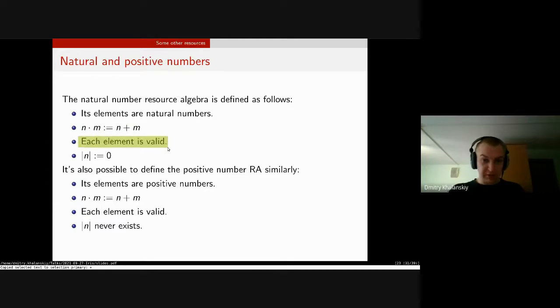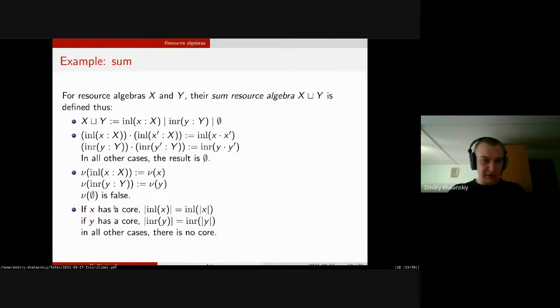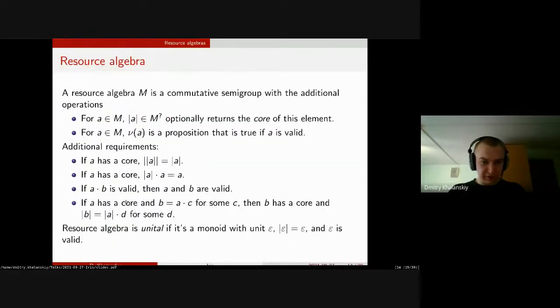Each element is valid, and the core of the natural numbers is 0. And there can't be really any core of any positive number in regards to addition, because of this requirement.